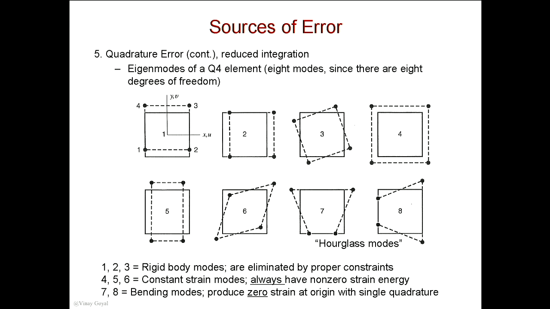That looks like an hourglass, right? And this is going to cause errors under bending conditions. That's why reduced integration for bending problems can be a problem sometimes. Now the behavior is going to become singular, or too soft. The behavior may not be as good.